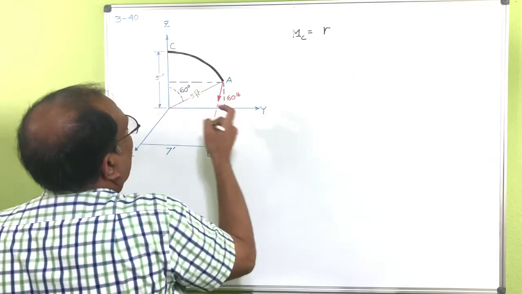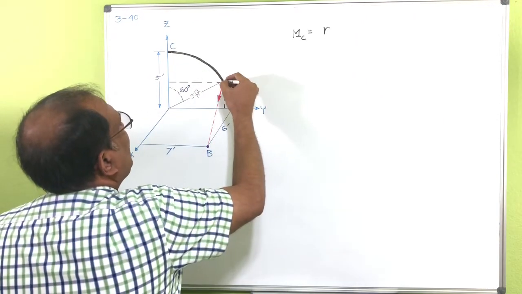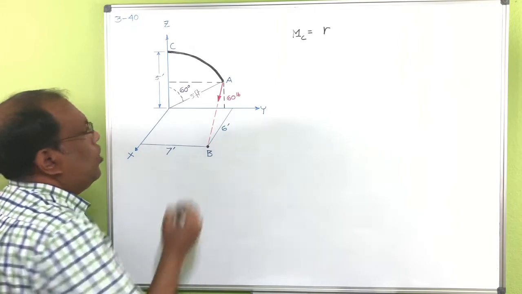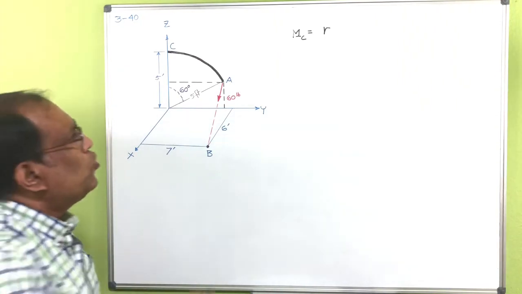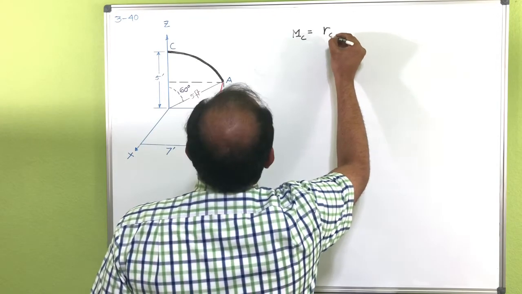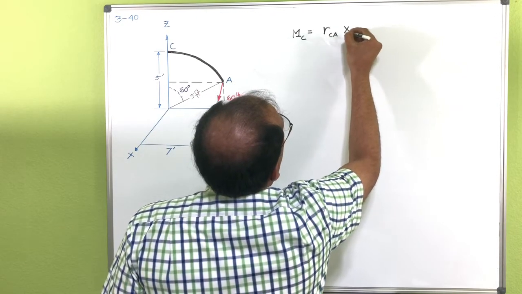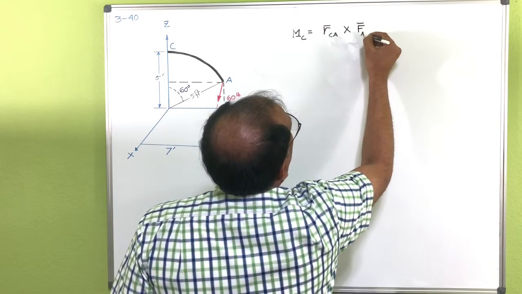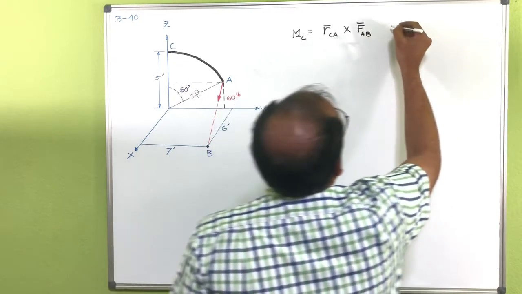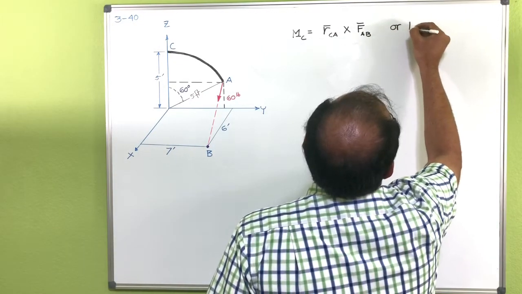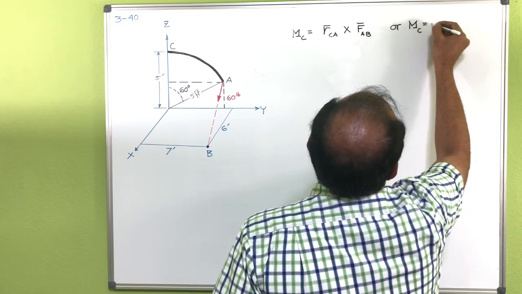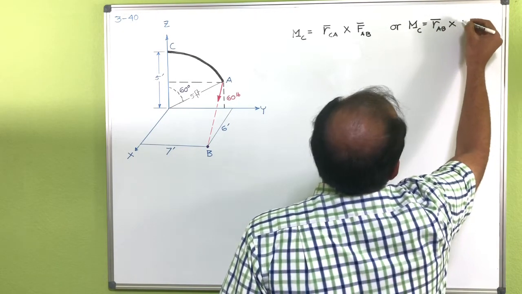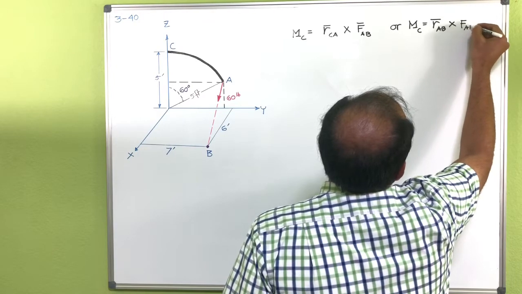So it could be, because in that force we can see there are 2 points, we know the coordinates at point A or point B. So we can say CA cross force vector from A to B. Or we can also say the moment at C is basically R A to B, because B is also a point on the line of action of the force, cross F AB.